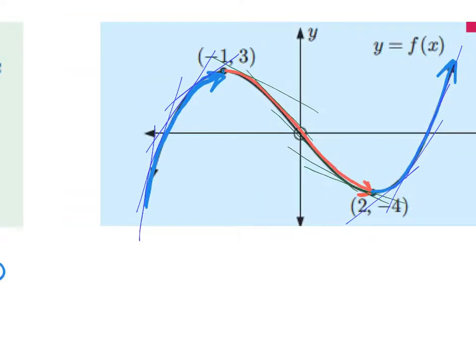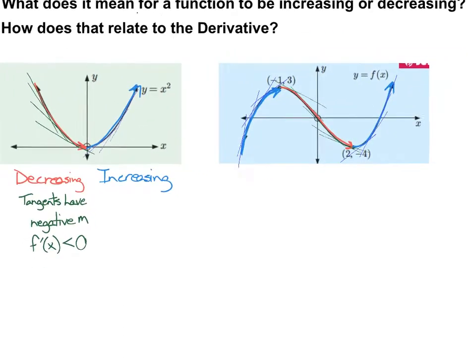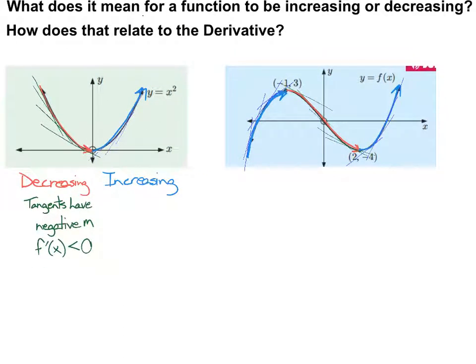What's true about all of those tangents? Positive slope. The tangents have positive slope. That means our first derivative is positive.